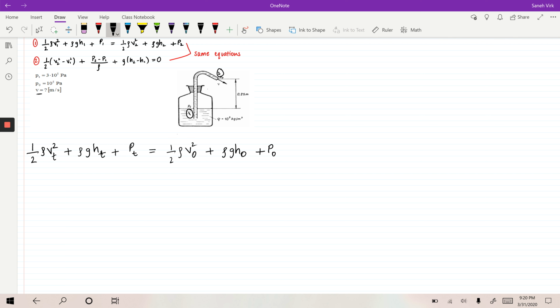We are trying to find the velocity, which is v2, the same thing as v. In the equation, I used 1/2 rho vt squared instead of v1 squared because they're the same thing; I picked t because it says t here. Then it says p naught, so I picked p naught, plus rho g ht plus pt equals 1/2 rho v naught squared plus rho g h naught plus p naught.